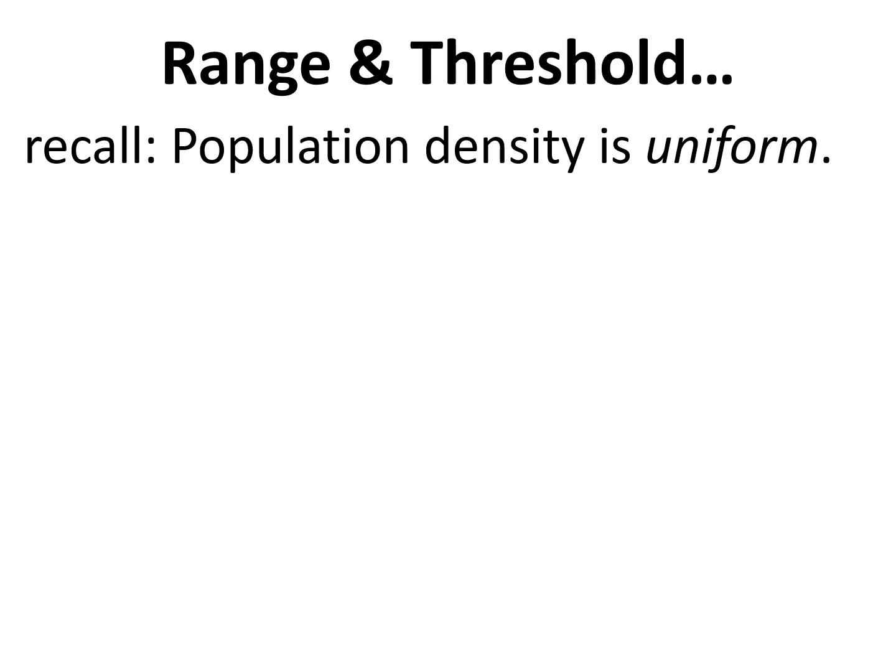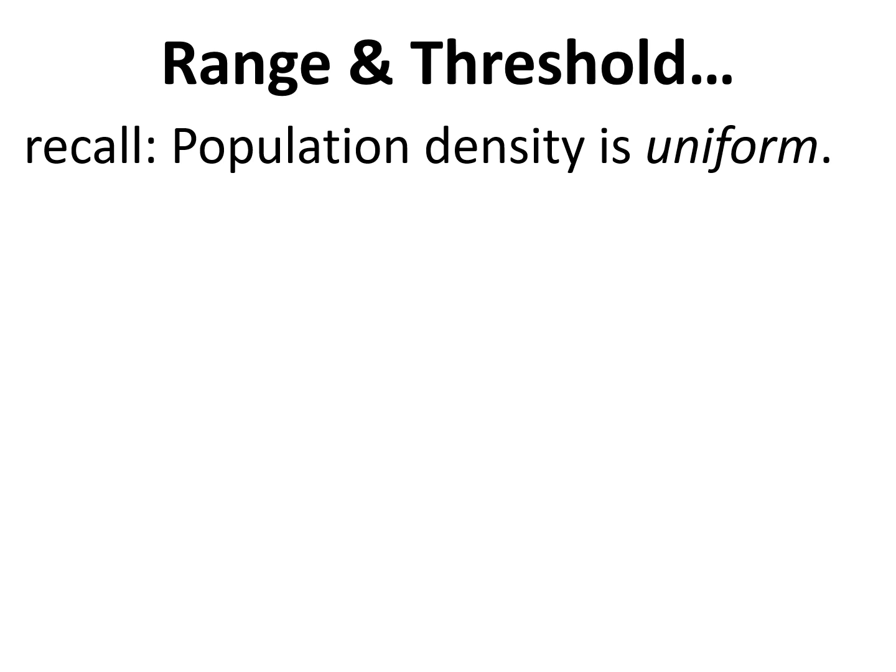So remember that as I talk about range and threshold, we assume that if I travel 5 kilometers in one direction, each square kilometer that I pass through is always going to have the same population density, or said another way, the same number of consumers per square kilometer.